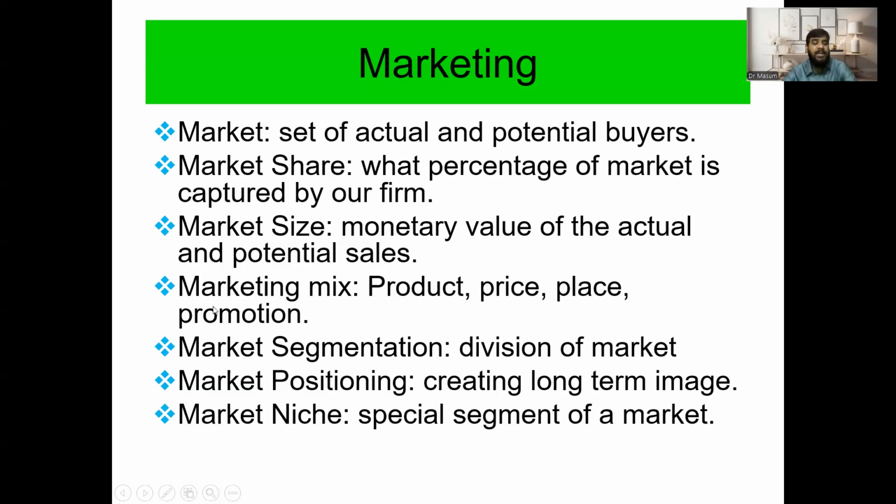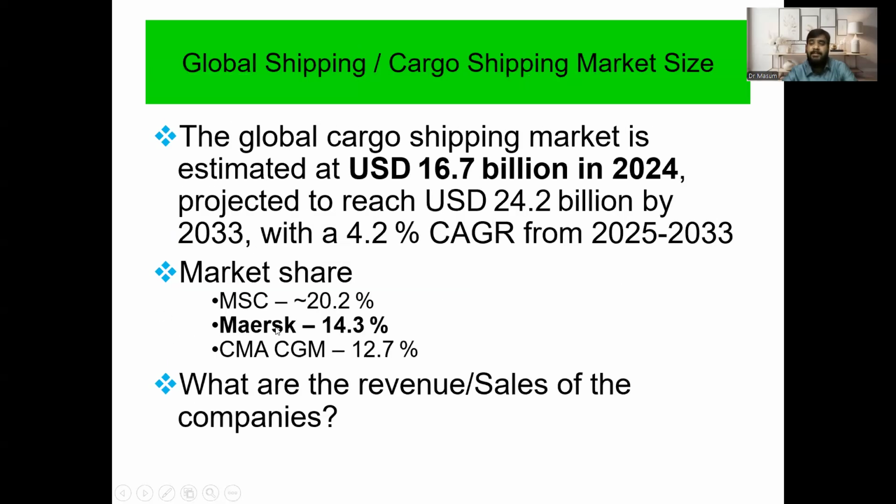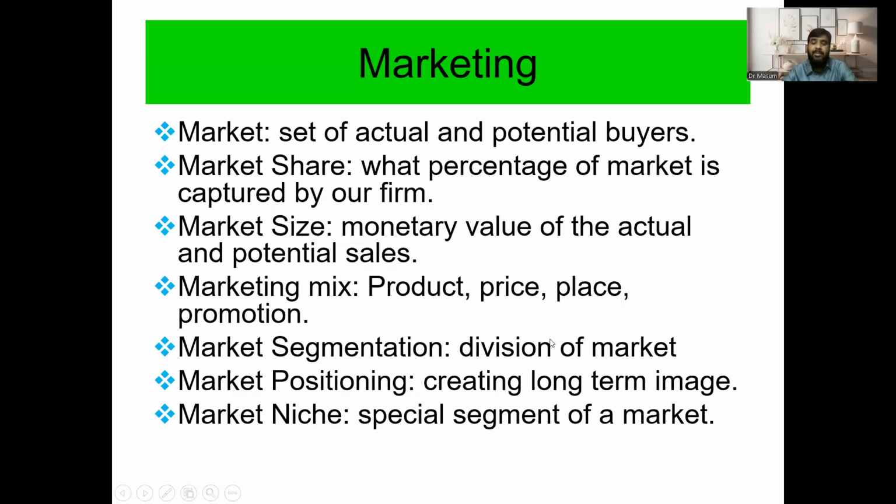And the final marketing mix element, which we say is part of a comprehensive definition of marketing, is promotion. What is promotion? In the previous case, place, it was how you are distributing the product.